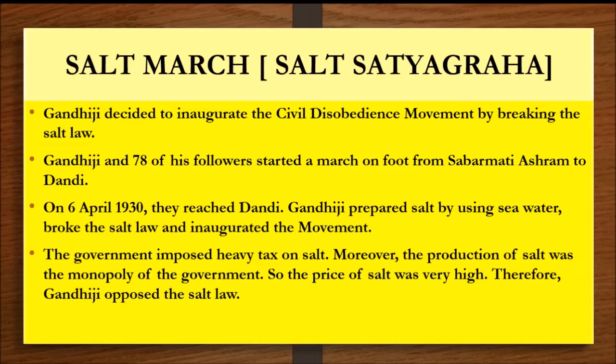Now, Gandhiji gave the view that salt, being an essential food item, is consumed by all, whether rich or poor. So, the tax on salt and the government monopoly over its production seemed an injustice to him. Salt is a basic need of a human being.